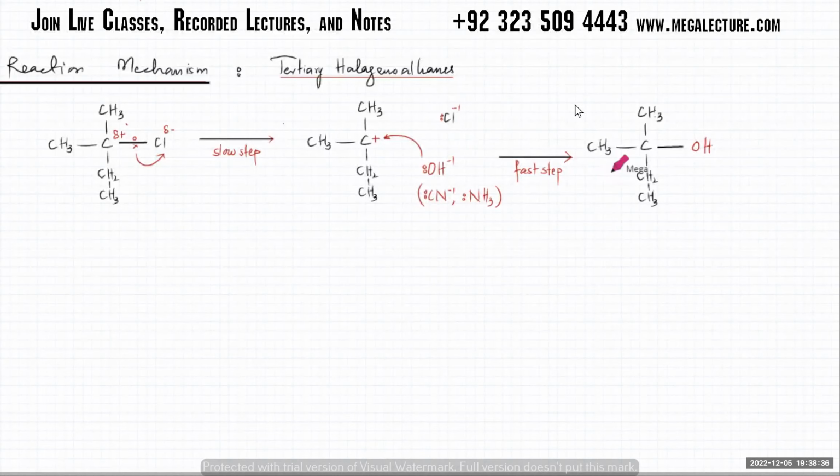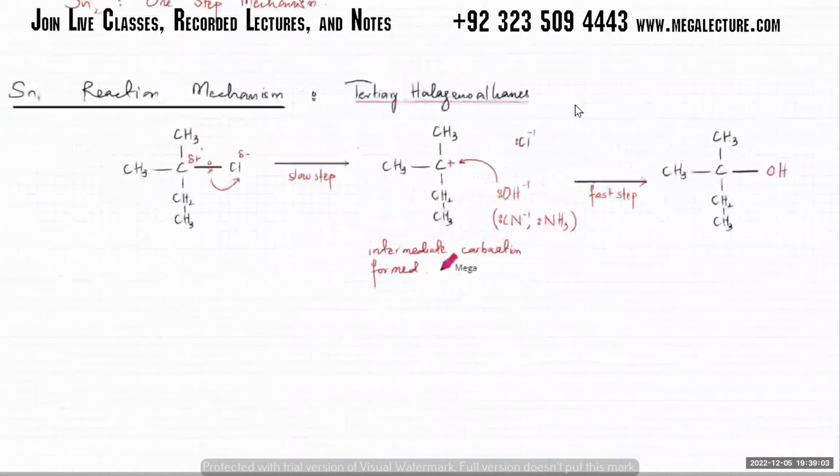So in this you have an intermediate carbocation that is formed. So an intermediate carbocation is formed, and you've got a slow step and you've got a fast step.